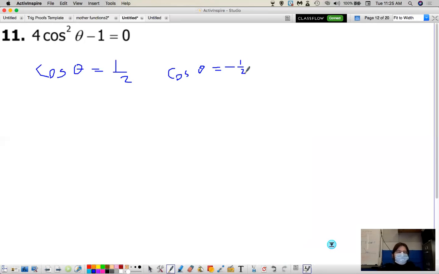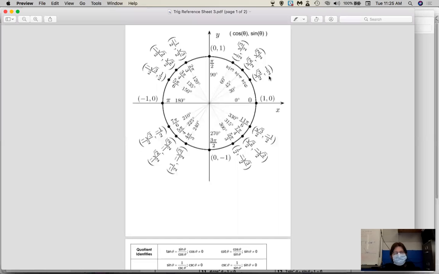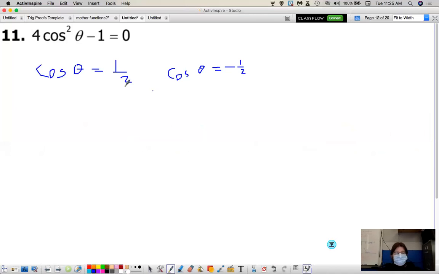So look on our unit circle. Cosine's a half at 30 degrees, and again at 300. 150 and 210, it's -1/2.